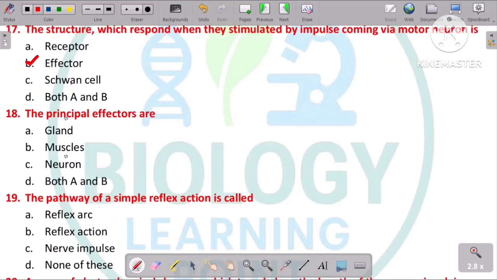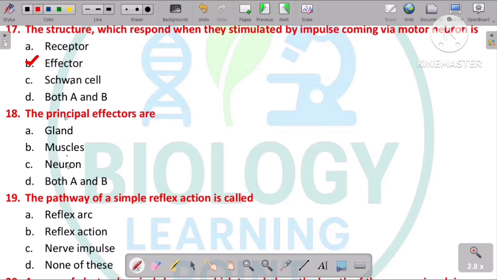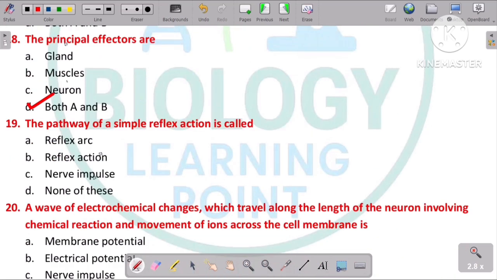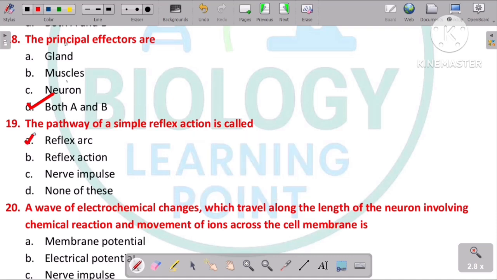So the next question is: the principal effectors are... So the right answer is option D, both A and B. So the next question is: the pathway of a simple reflex action is called... So the right answer is option A, reflex arc.